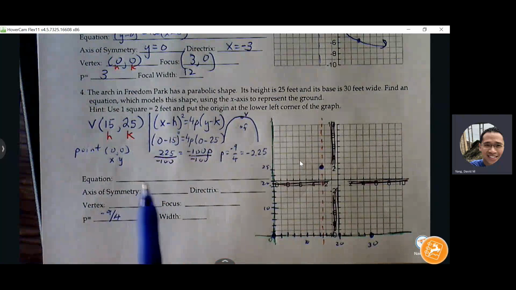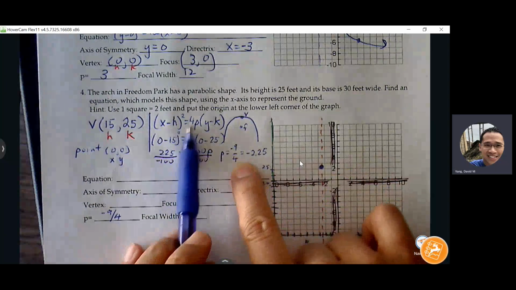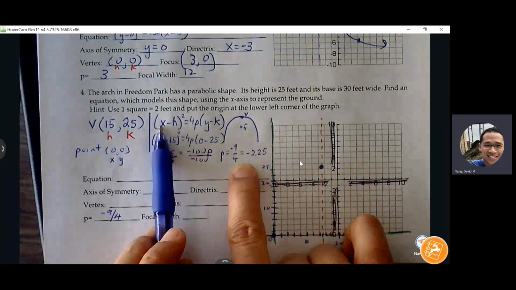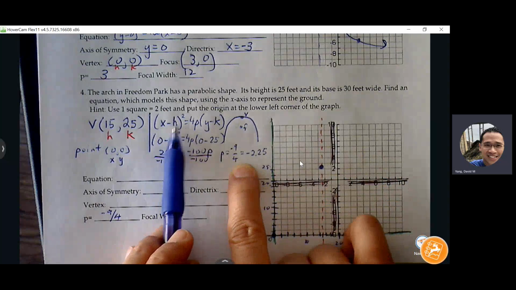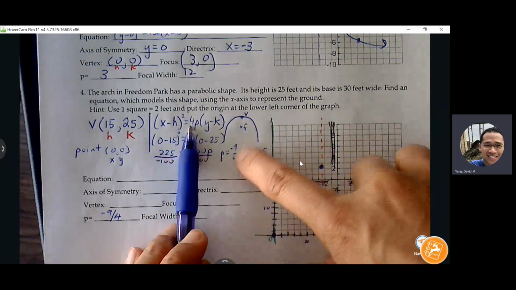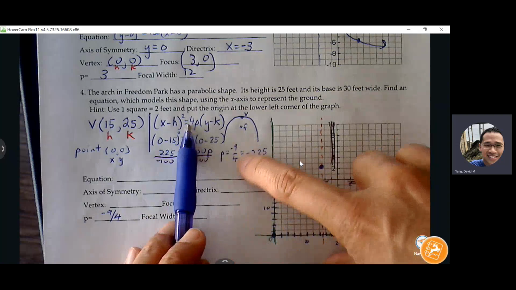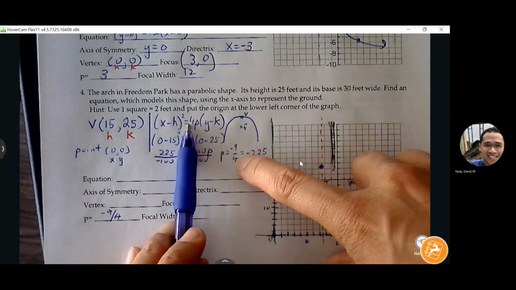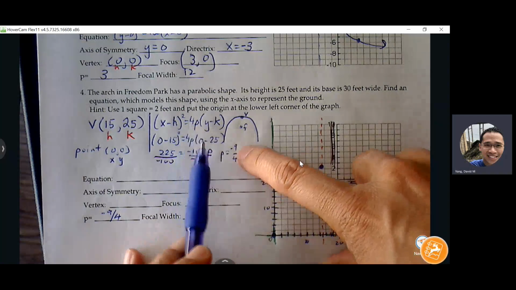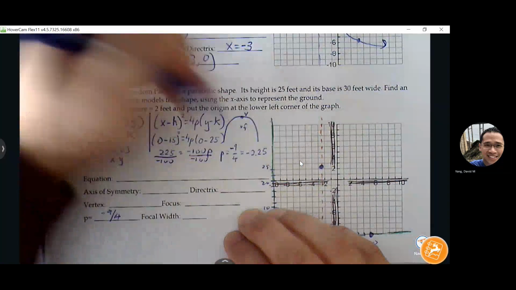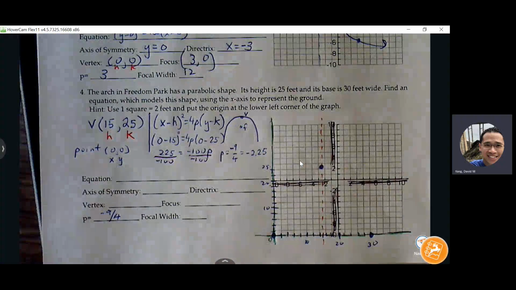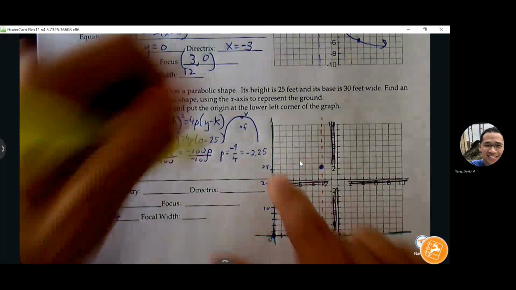Okay, so my equation, I can just take that p-value, insert into the formula here. So x minus 15 squared equals 4 times negative 9 fourths. What's going to happen if I do 4 times negative 9 fourths? What's that going to become? Just negative 9, right? Okay. So 4 times negative 9 fourths.